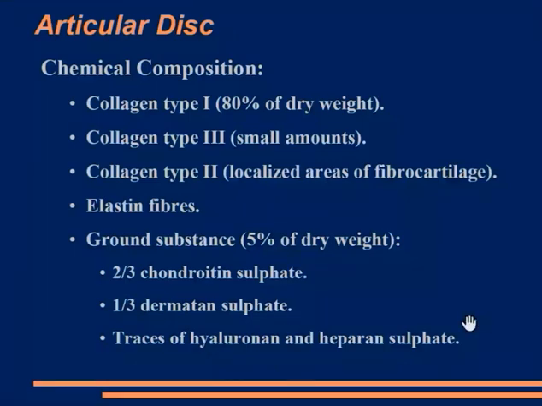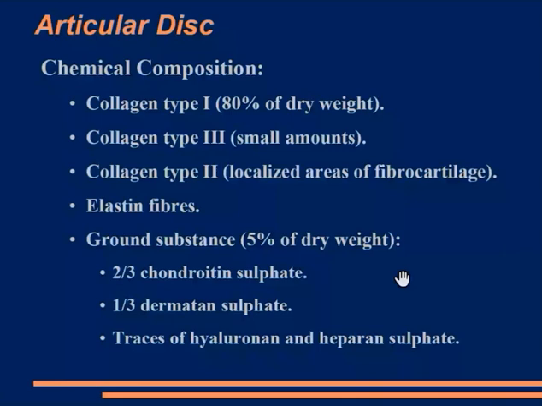Because of this anionic charge through the ground substance, these glycosaminoglycans absorb water, so they adapt the intra-articular disc to resist compressive loading. These are the major glycosaminoglycans present. So we have the compressive loading in one part. It is found as crimping.